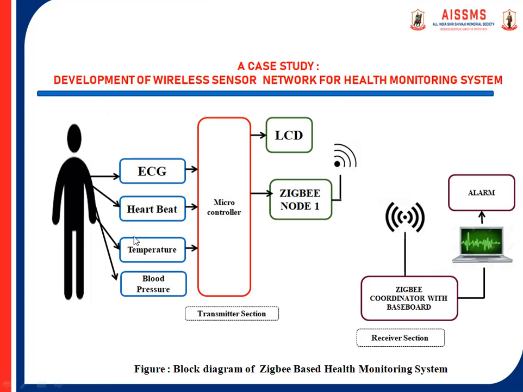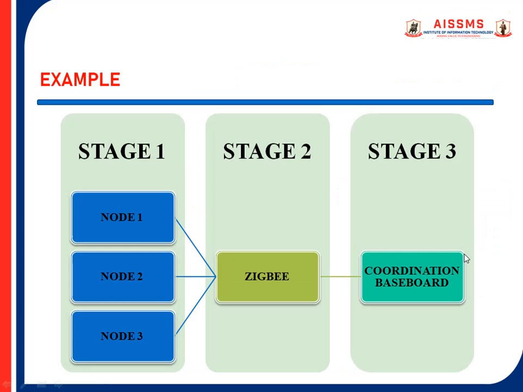First, the patient measures all the parameters. Through the microcontroller we can access those parameters and display them. But the role of Zigbee comes into the picture: Zigbee is able to communicate from the transmitter section to the receiver section, and in the receiving section, via the communication protocol, it will display the output of the parameters.